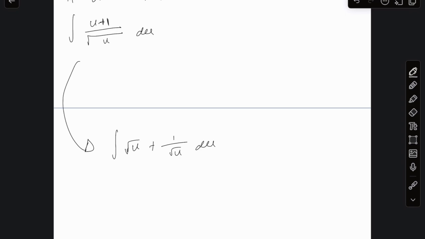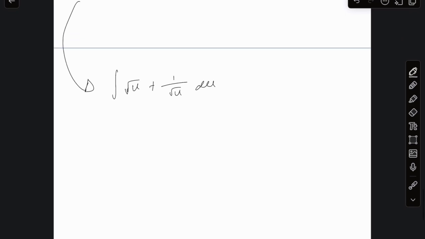And we can therefore say that it's the same thing as saying the integral of u to the half plus u to the minus a half du.